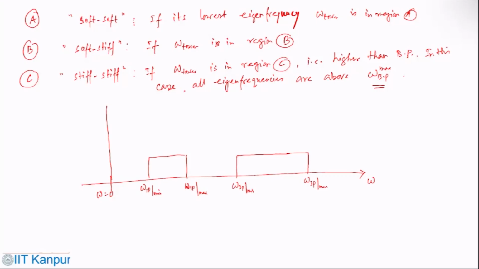So this is zone A, this is zone B, this is zone C, which is typically stiff. This is soft-stiff. This is soft. Okay.